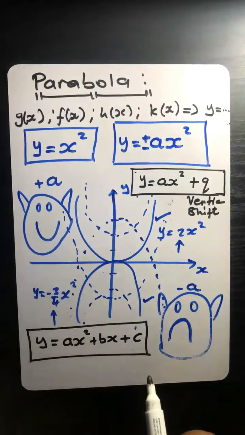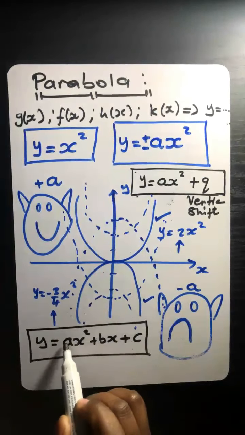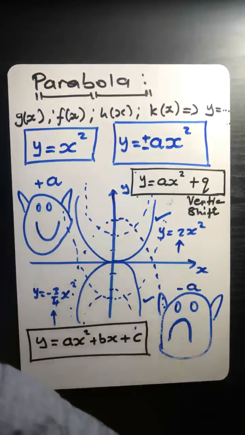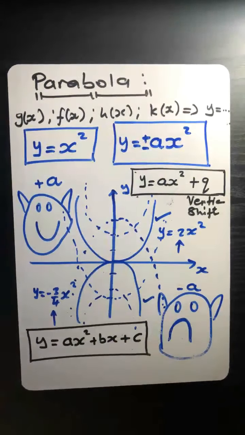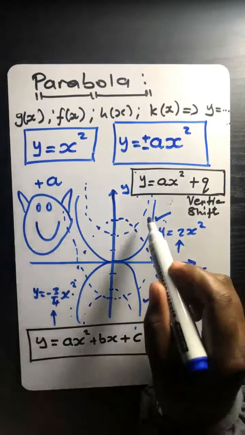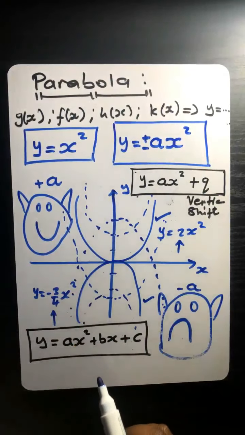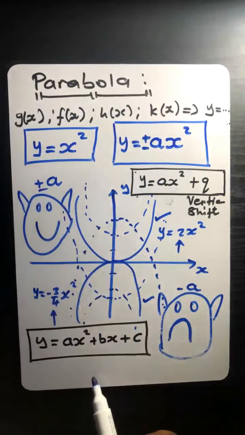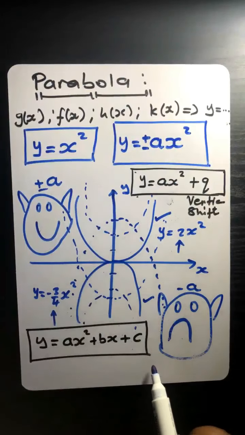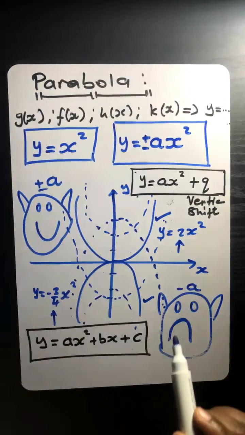So at this point in time, you know very well that the a value has impact on the shape. Not necessarily the shape, but let's say the mood of our function. So in our upcoming lessons, when I ask what is the mood of that function, you just say happy. When I say why happy, you say because the a value is positive. The mood is negative, or the mood is sad, because the a value is negative.